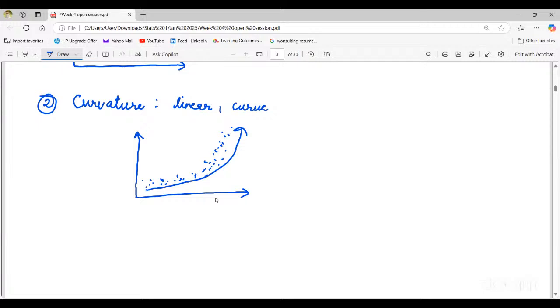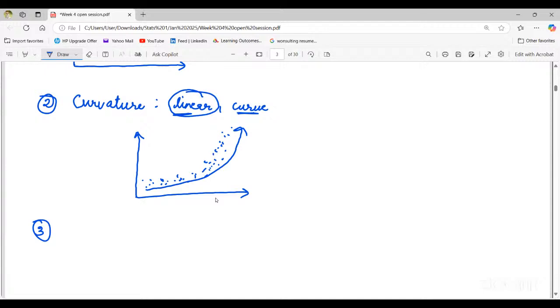You getting my point? Yeah. So this is a curve. There is a curvature here. Okay. So there are two types of curvature. Either we would be having a linear or we would be having a curve. Got it? But for your sessions, we would be considering only the linear curvature. Fine.